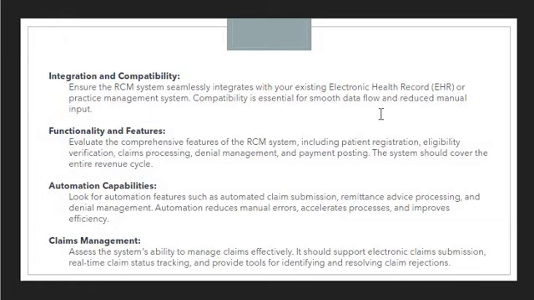The new system you are going to adopt should support electronic claim submission and real-time claim status tracking. Let's say you are working on a system that is not providing you a way to track your status. Then we cannot identify whether the process is completed or not, right? So it should support a real-time claim status tracking mechanism.